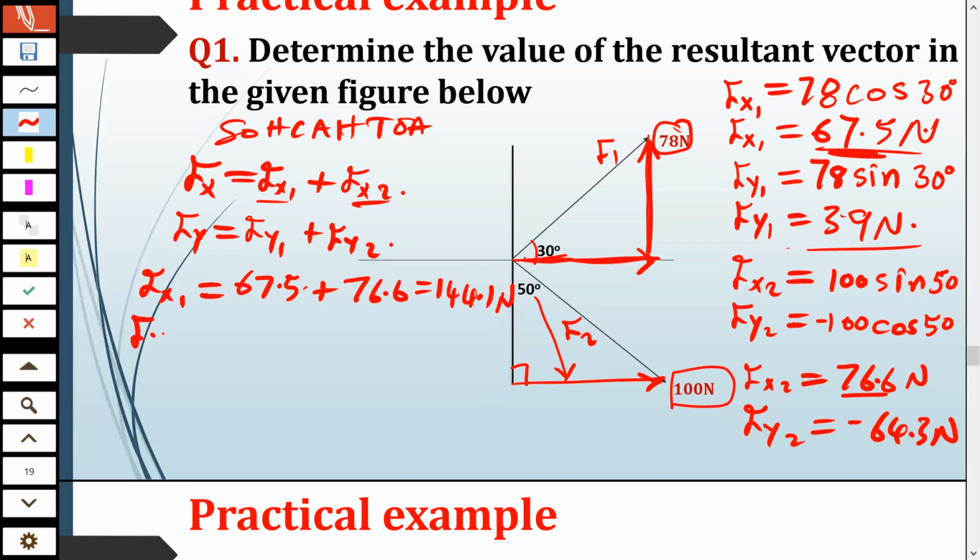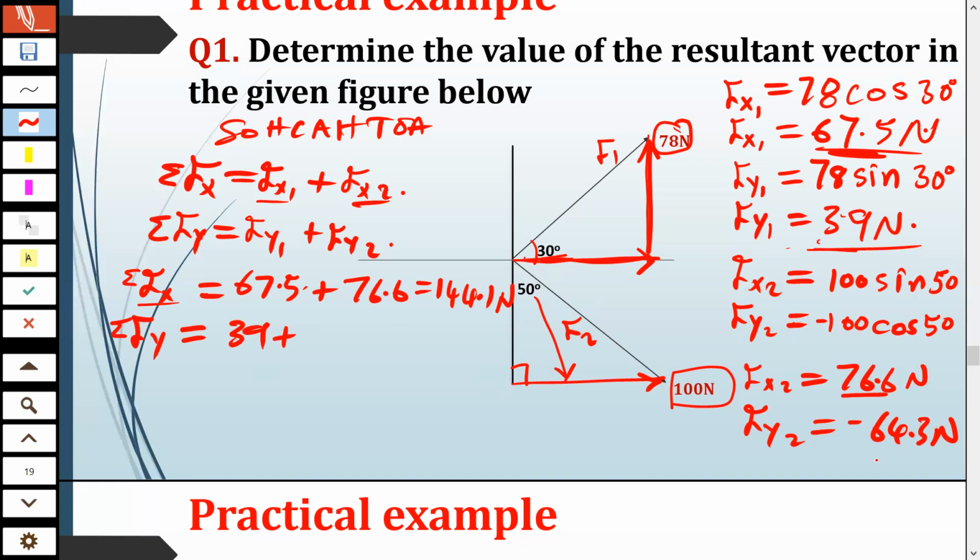Then we find Fy. Sorry, this one is not supposed to be Fx2, it's just supposed to be Fx. So we find the resultant force in the x. This symbol means summation, meaning we're adding the forces. So we found in the x, then we also find in the y. In the y, we have Fy1, which is 39 newtons.